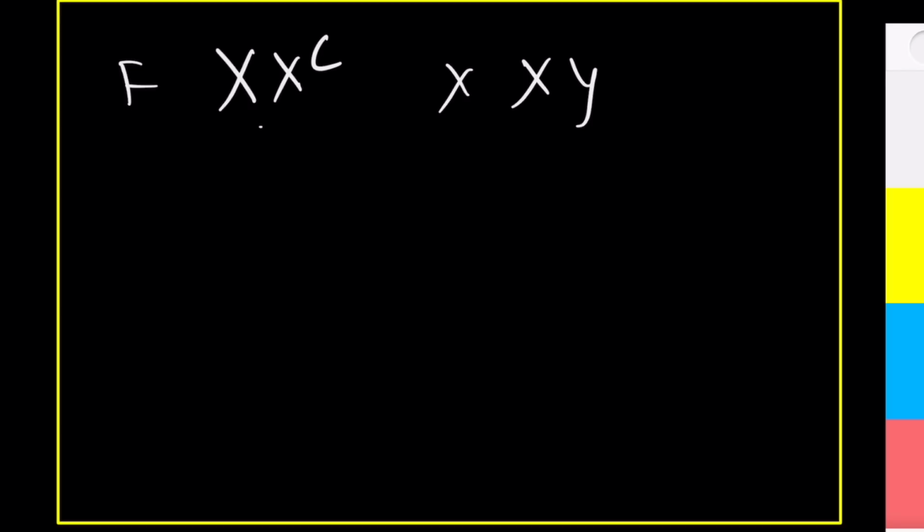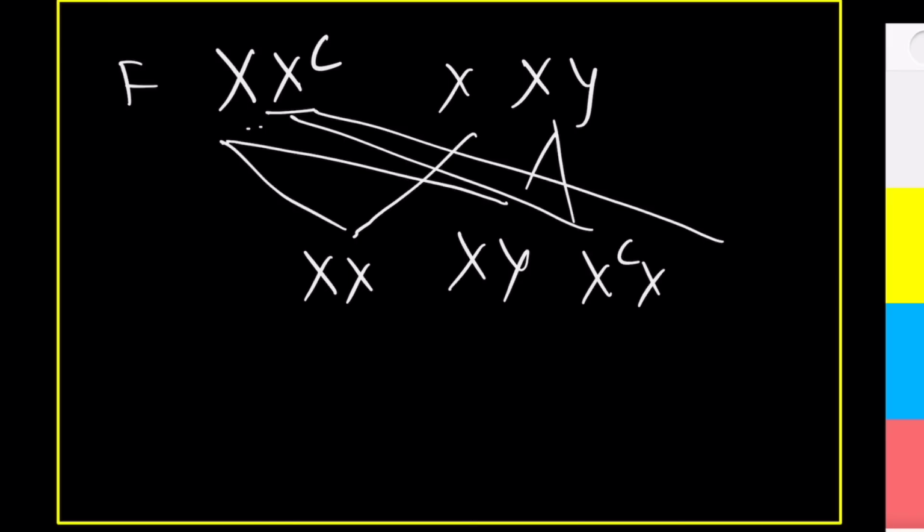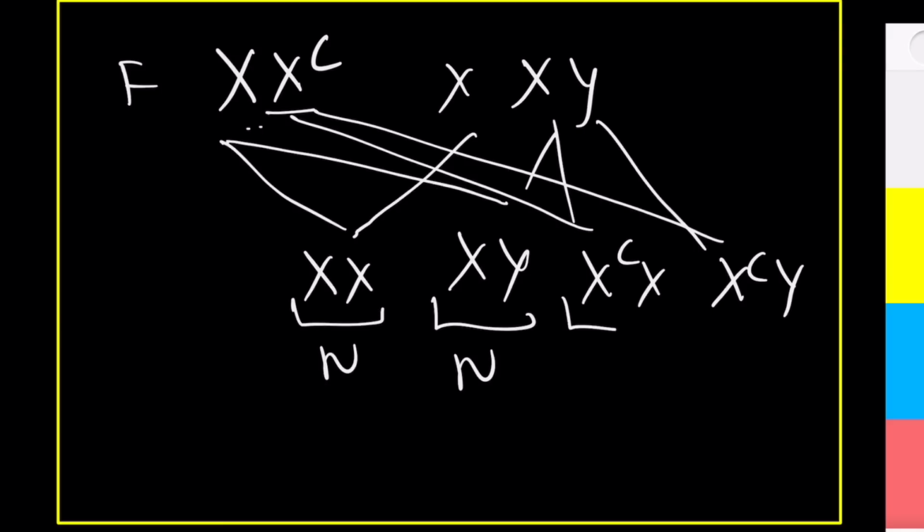So here this is the female, a carrier, who is going to carry the gene. Now let's suppose there is a marriage. You can see how many different types of progeny there can be in the next generation: XX, XY, XCX, XCY. Now try to see here, this is normal, this is normal, this is a carrier, but she is also normal, a female.